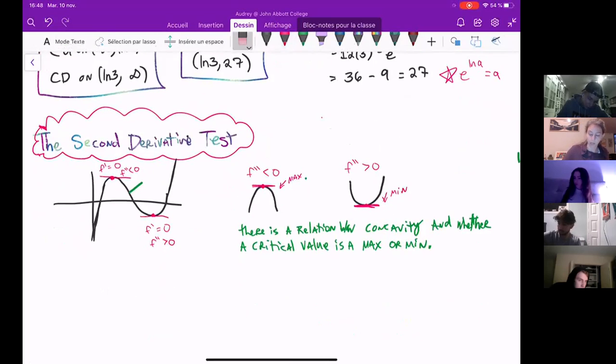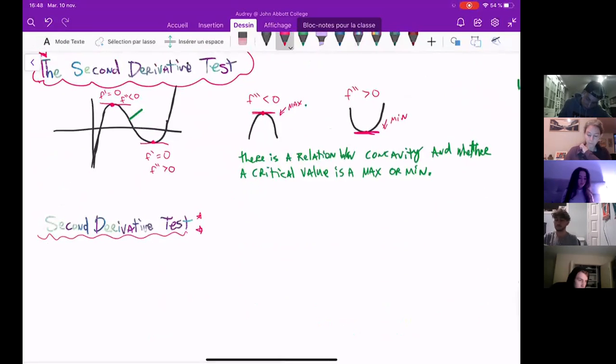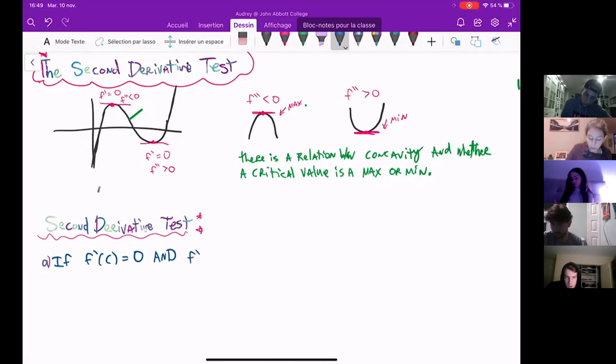So we're going to actually state the second derivative test. It tells me that if f prime of c is equal to 0, so in other words, I have a critical value that represents a horizontal tangent line, and f double prime of c is greater than 0, then I have a concave up situation, and clearly I have a minimum.